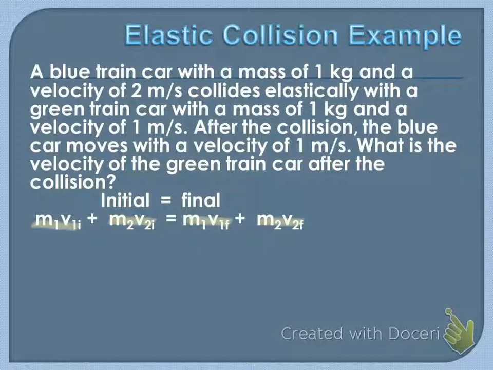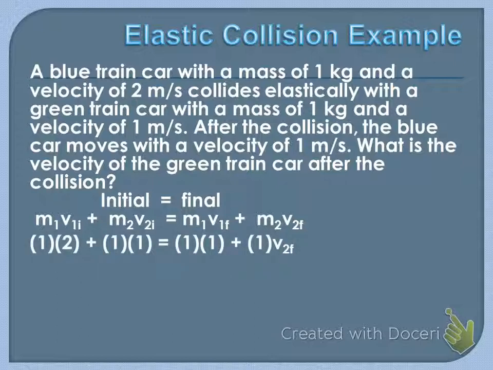So taking a look at that, continuing on, we substitute in the numbers that we know for these values. So we've got 1 kilogram right here for M1, and we've got 2 meters per second for the velocity of the blue train car initially, and then we have 1 kilogram for the mass of the green train car, and it's initially traveling 1 meter per second before it collides.